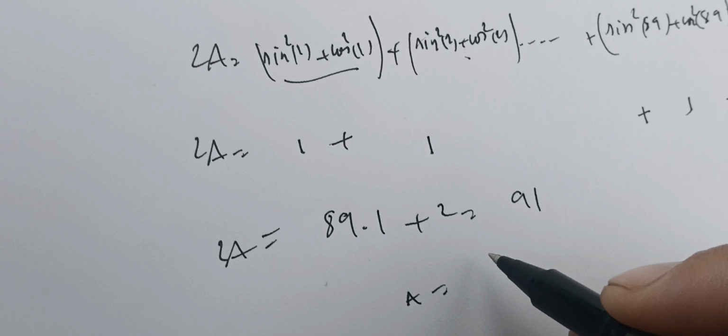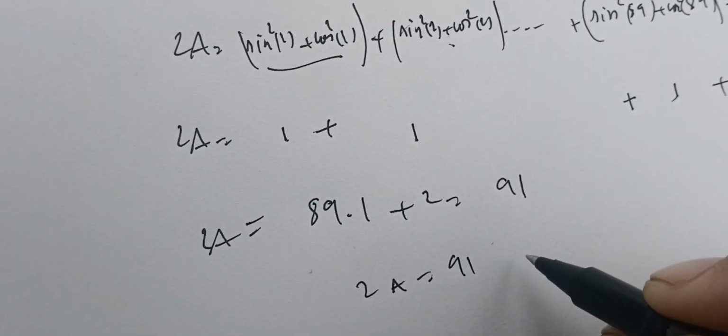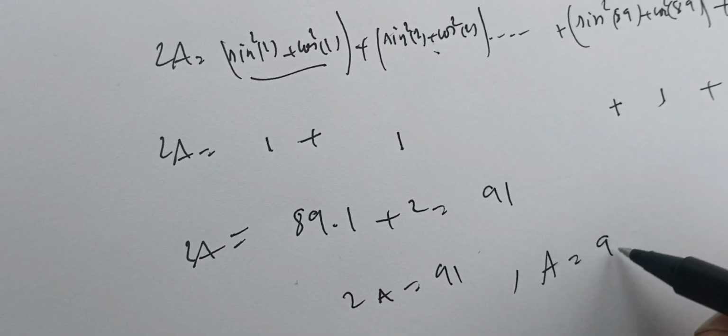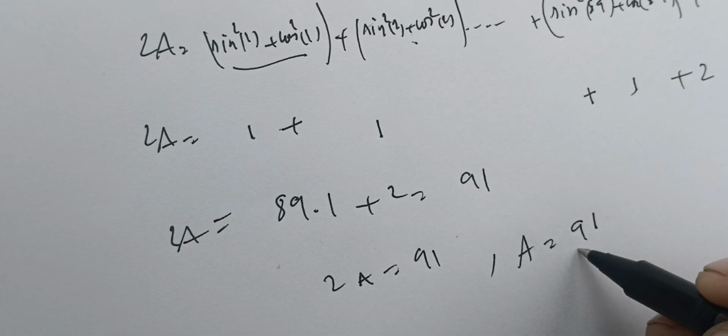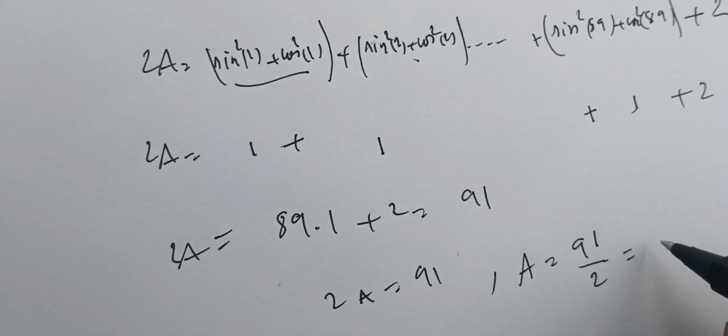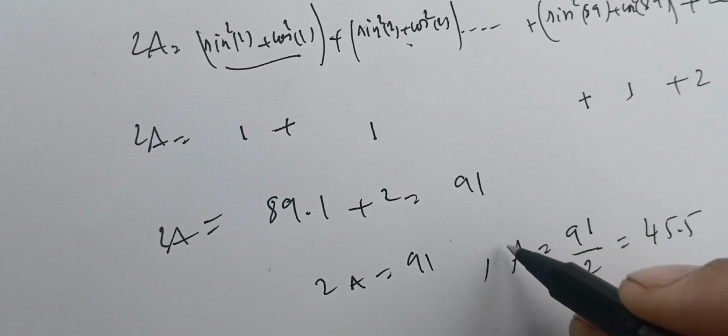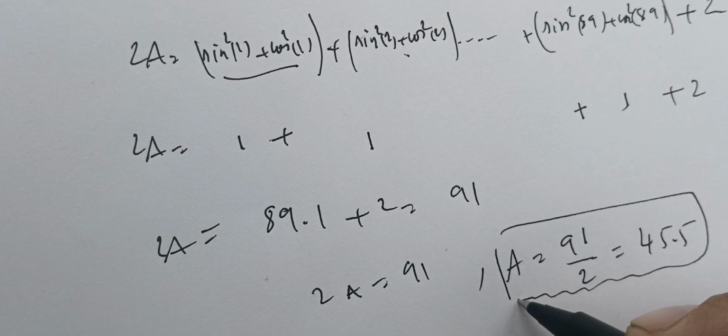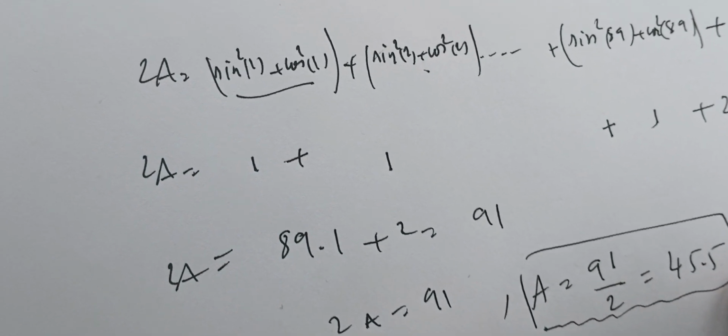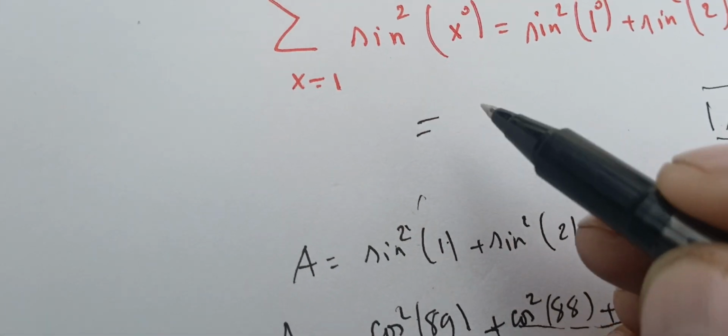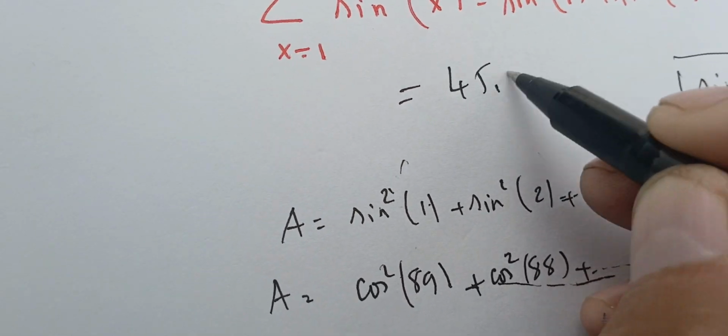So 2a is 91, therefore a is 91 divided by 2, which is 45.5. So my sum is 45.5. This is the sum that we have, and we have proved it.